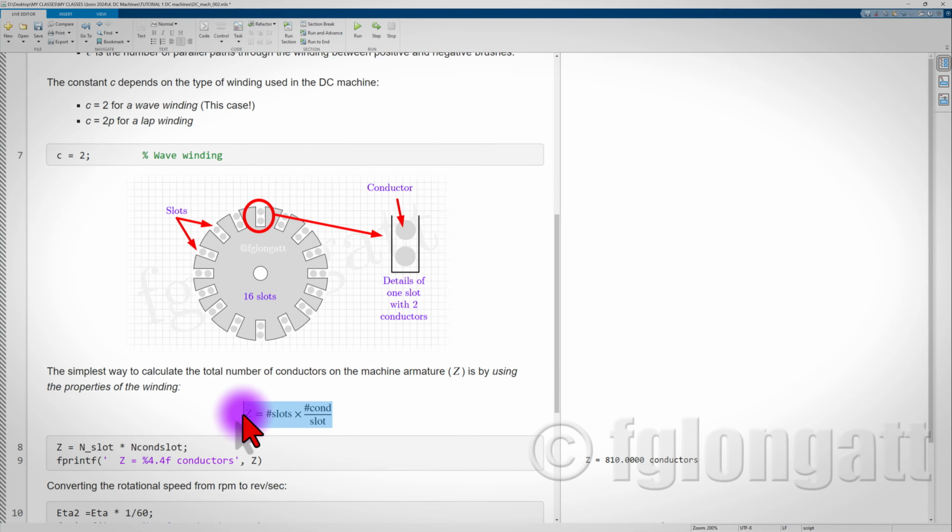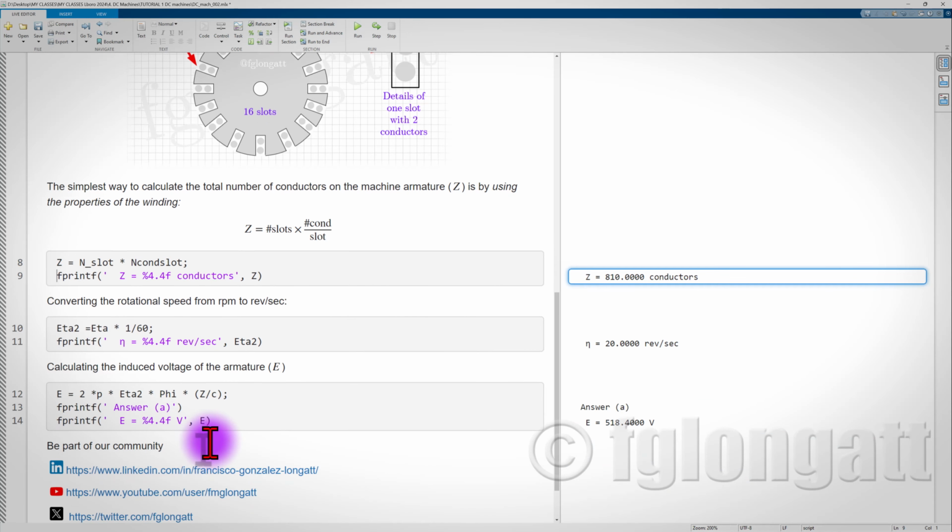Calculating the total number of conductors in the armature is a very simple numerical exercise. We multiply the number of slots, 45, by the number of conductors per slot, 18. On the right-hand side you can see the result: we are working with 810 conductors.